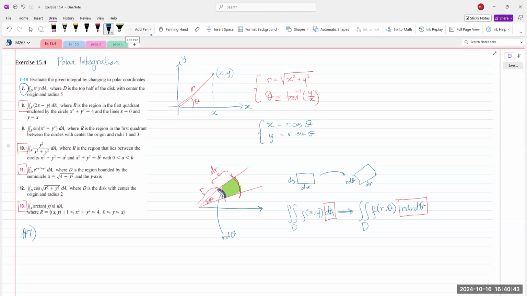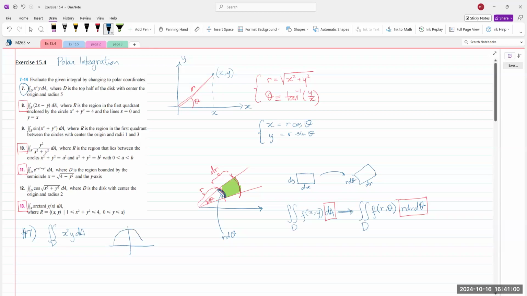So number 7: we have the double integral over domain D of x squared y dA, where D is the top half of the disk with center origin and radius 5.